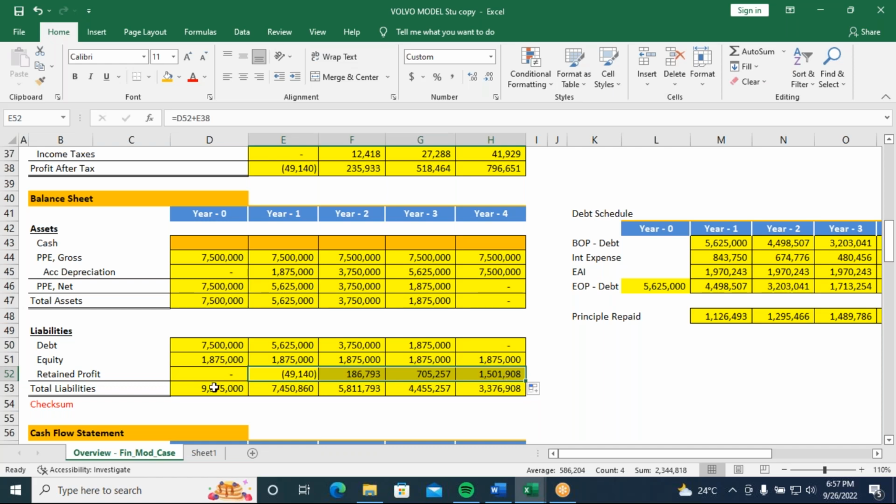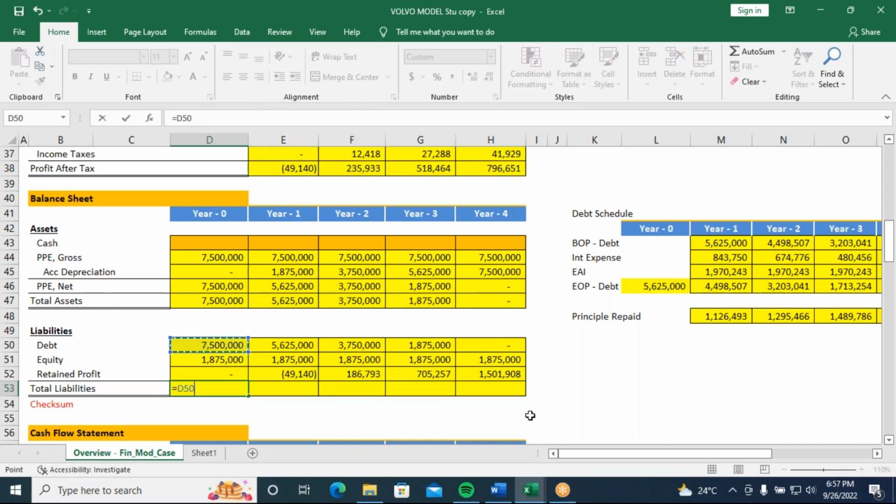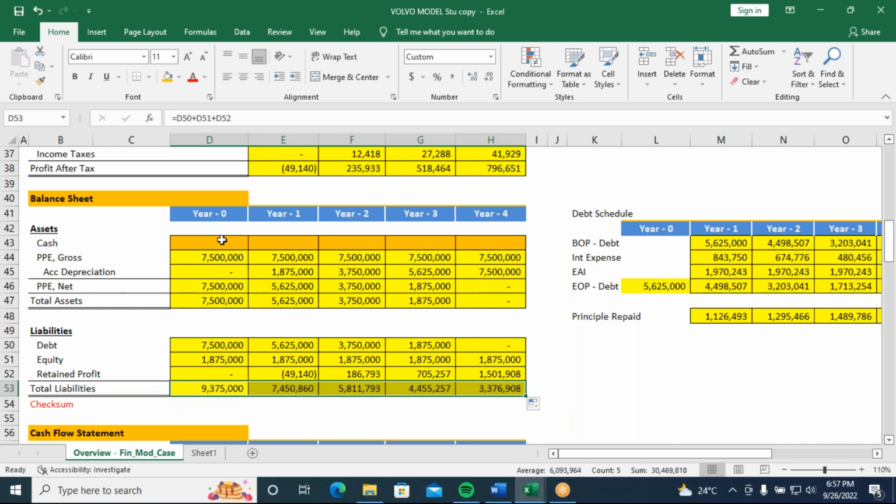And here, to calculate the total liabilities, it is equal to D50 plus D51 plus the retained profit. So debt plus equity plus the retained profit. So this will be my total liability. Now it is not matching because till now I have not put the cash value.